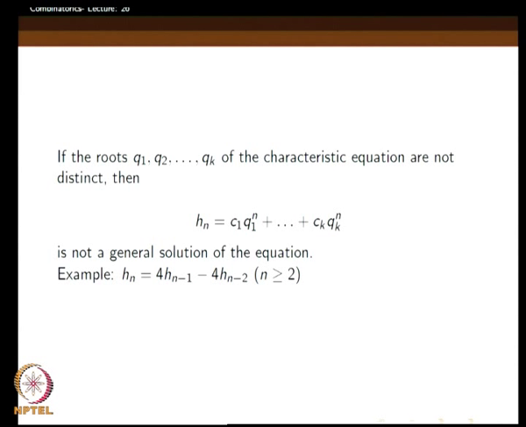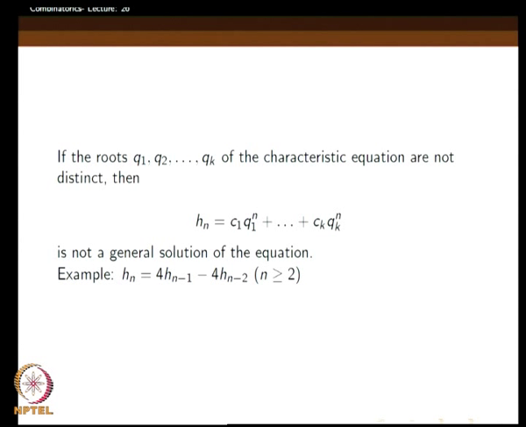But the only thing is it is not the general solution, in the sense that for some initial conditions we may not be able to find the correct coefficients, because whichever coefficients you give, it may not work for certain initial conditions.